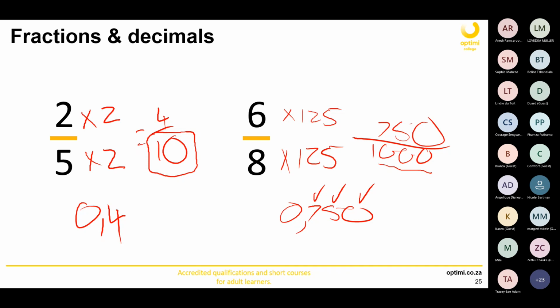Basically I'm making it multiples of 10 because the digits after the comma are tens, hundreds, thousands, 10,000, 100,000. So now the numerator is 750, and that I can write as a decimal as 0,750.